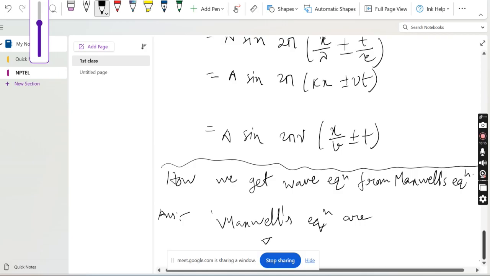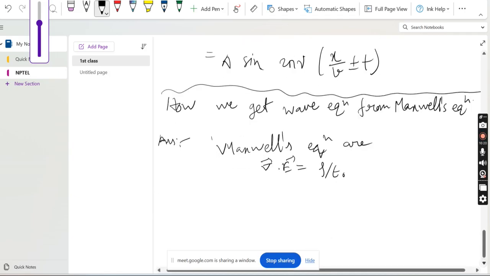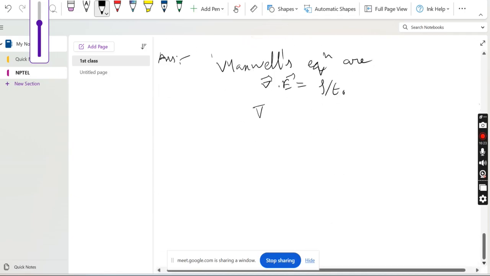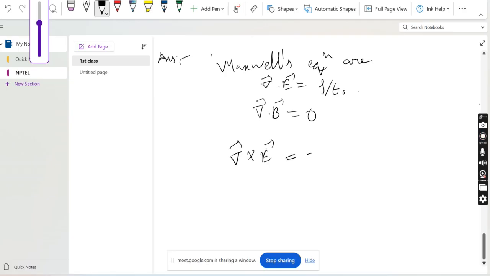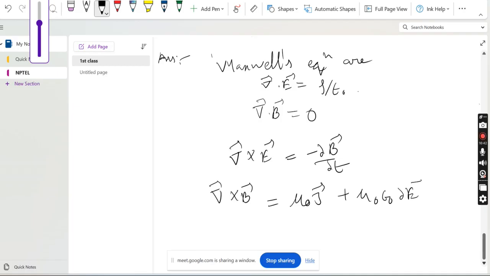So basically Maxwell's equations are: divergence of E is rho by epsilon naught, which is Gauss's law. Then we get Faraday's law: curl of E is equal to minus del B by del t. Curl of B is mu naught J plus mu naught epsilon naught del E by del t.